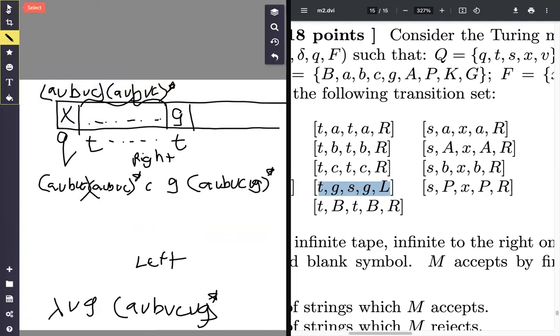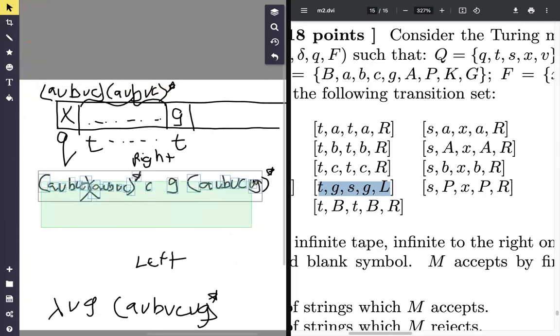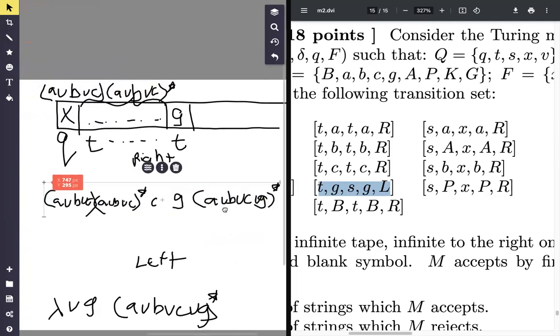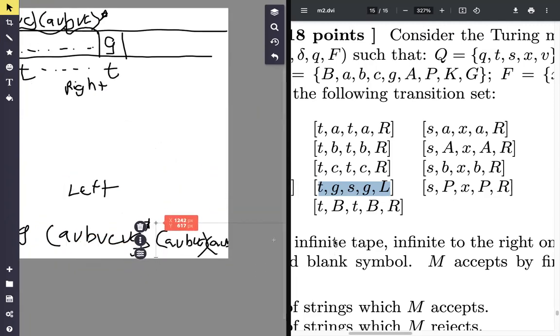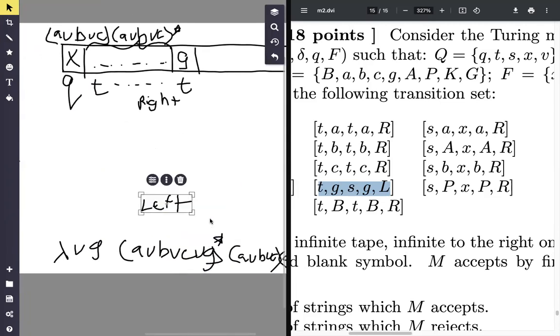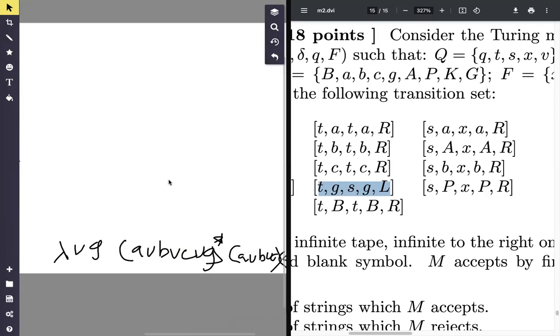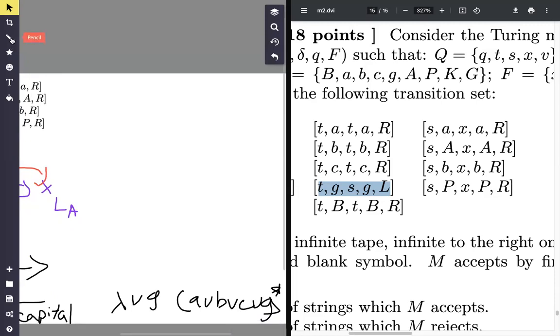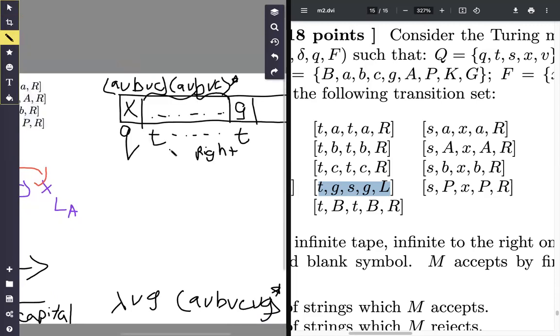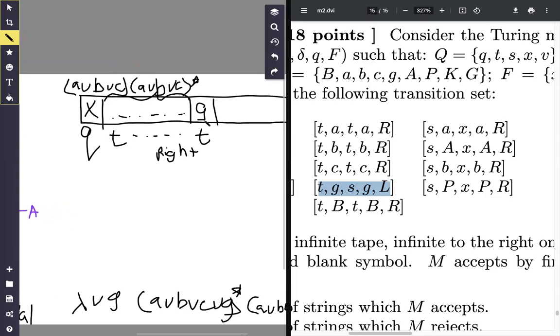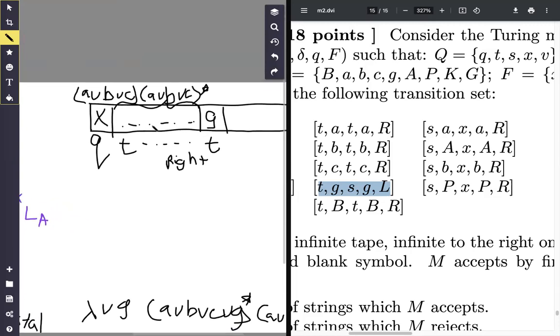Let's move this to the bottom. Actually, let's keep this part. Okay, so I kept this part.